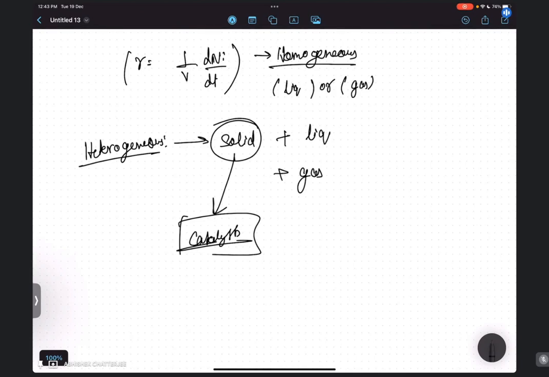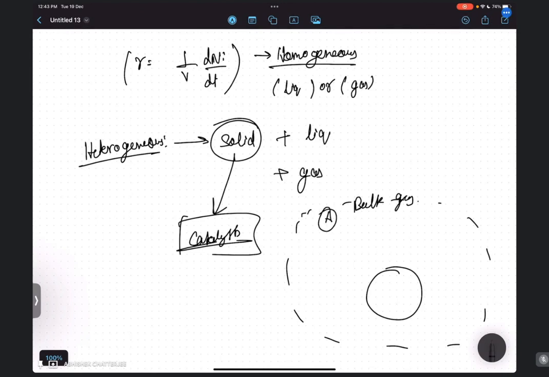Suppose this is a solid catalyst, and surrounding it will be our bulk gas or bulk liquid. Let us take the example of bulk gas. Suppose in this bulk gas our reactant A is present.